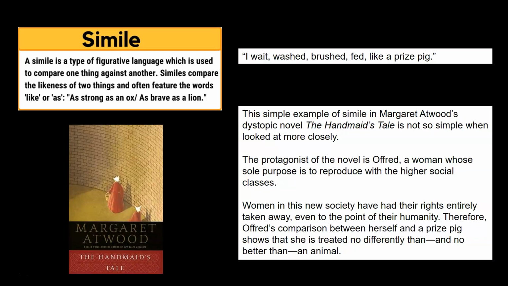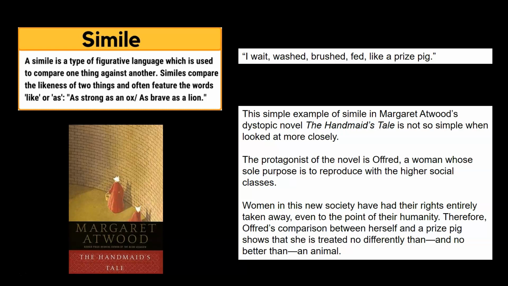We then have simile, which is probably one of the most important that you'll come across. It's whereby one thing is compared to another using like or as. So we might say as strong as an ox or as brave as a lion. In Margaret Atwood's The Handmaid's Tale, we can look at this basic example of Offred saying, "I wait, washed, brushed, fed, like a prized pig."